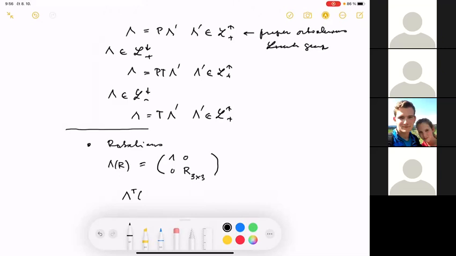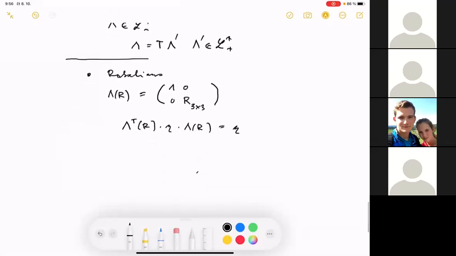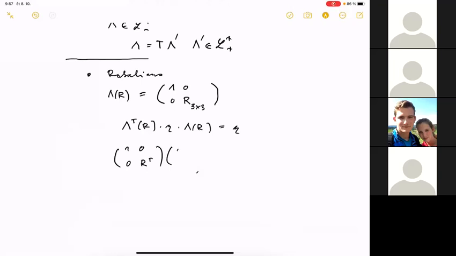If we use the definition of the Lorentz group, we get Lambda_R^T times eta times Lambda_R should be eta, which written in this block diagonal form is nothing else but (1, 0; 0, R^T) times our metric tensor times (1, 0; 0, R), and this should be just (1, 0; 0, -1) in this block diagonal notation.